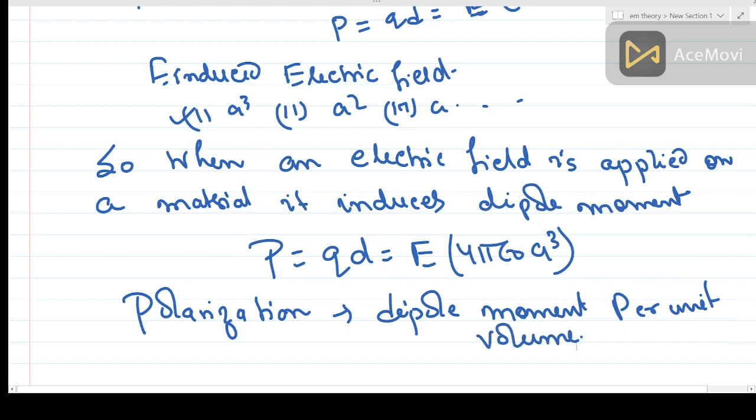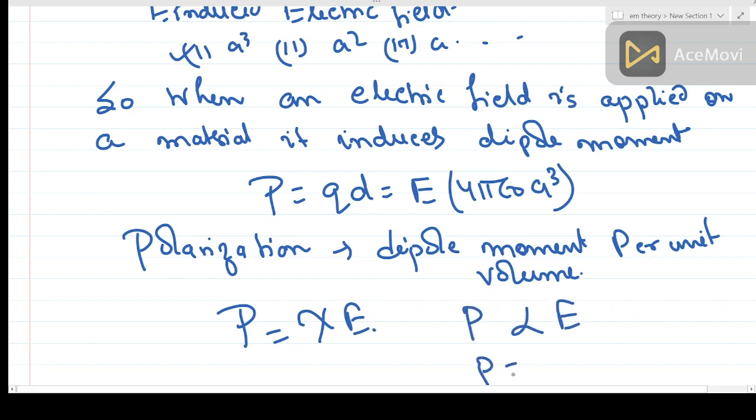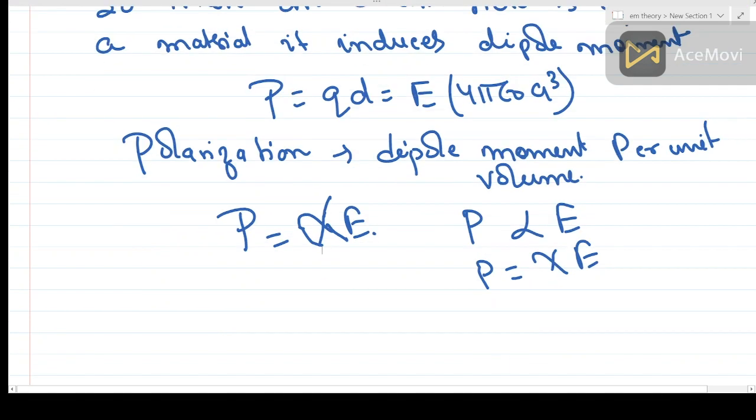This is the definition, and in the last lecture we studied p is equal to chi times E, as p is proportional to the electric field. Or it is alpha, sorry, it is alpha, because chi stands for the susceptibility constant. You can use chi also, in many textbooks they use chi. So it is alpha E.